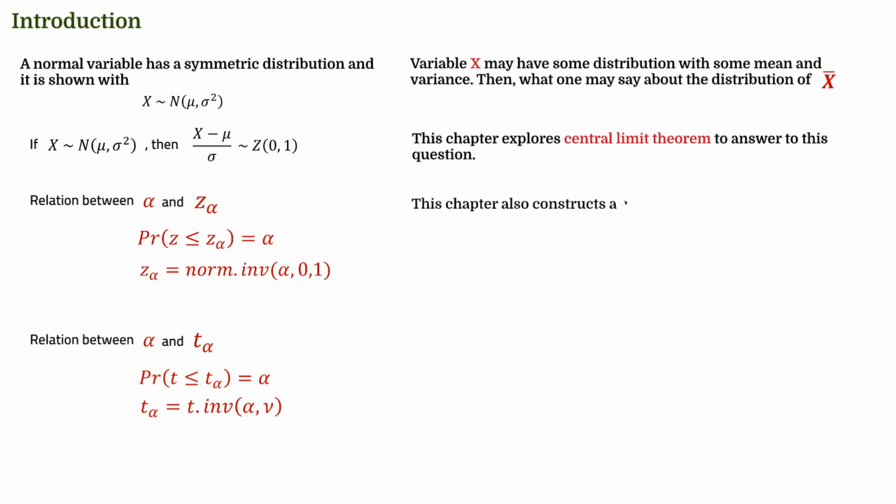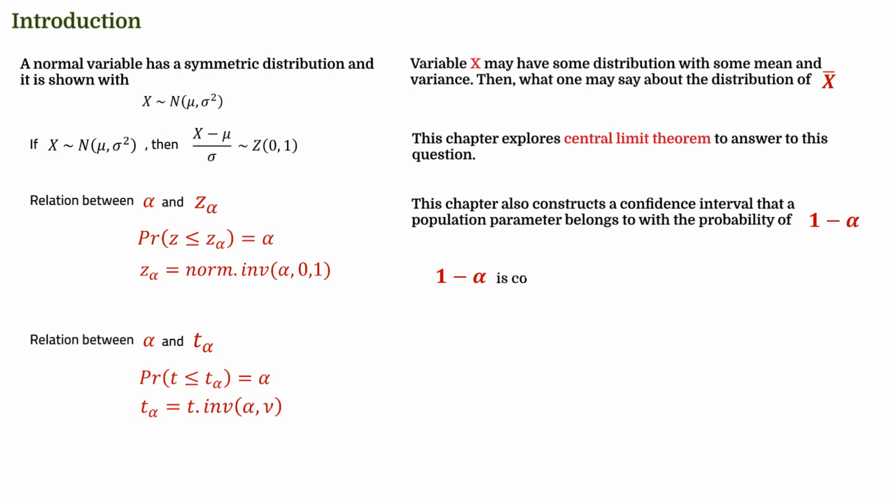This chapter also constructs a confidence interval that the population parameter belongs to with the probability of 1 minus alpha, where 1 minus alpha is the confidence level and alpha is the significance level.